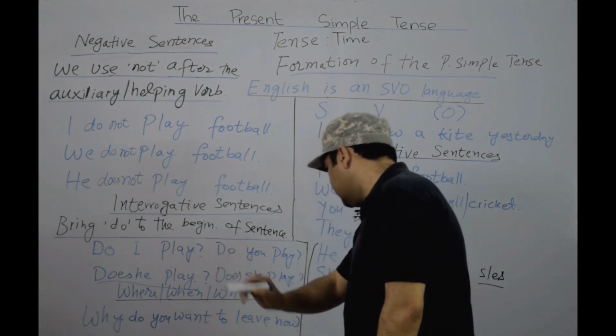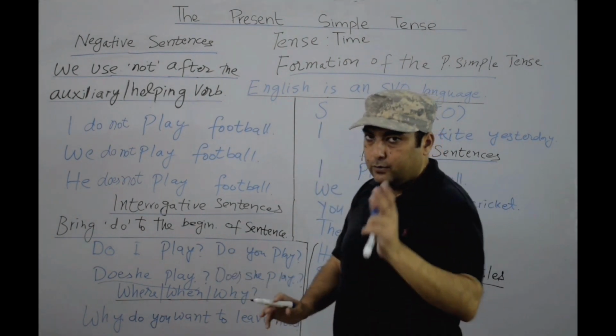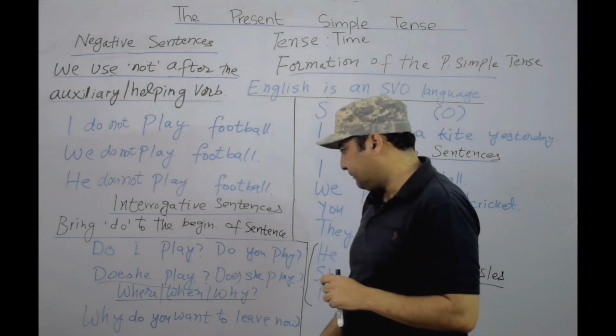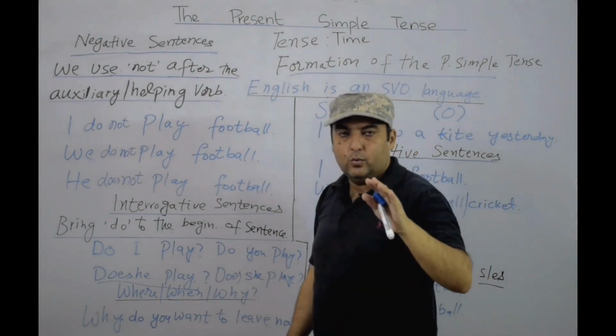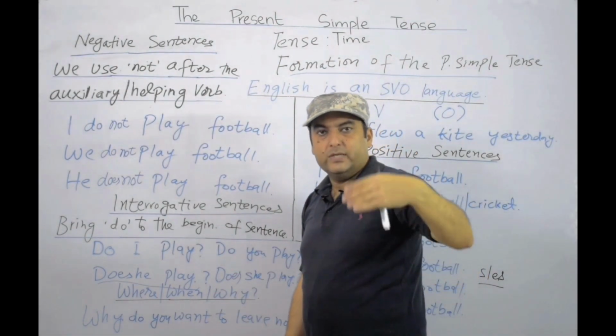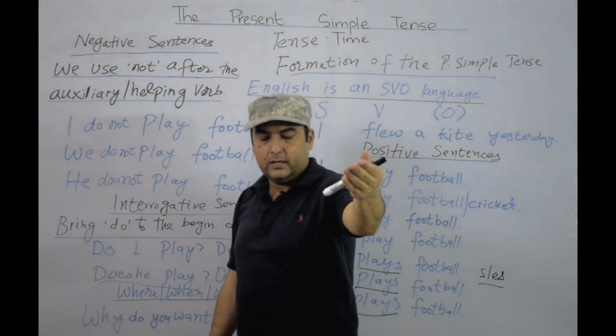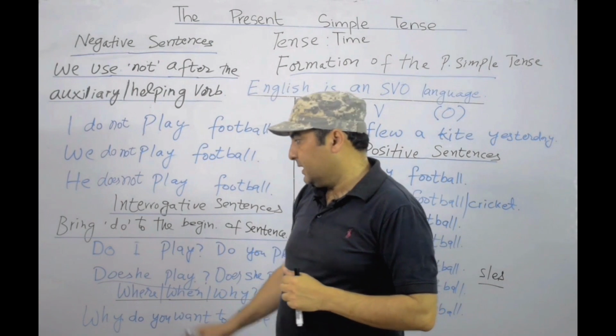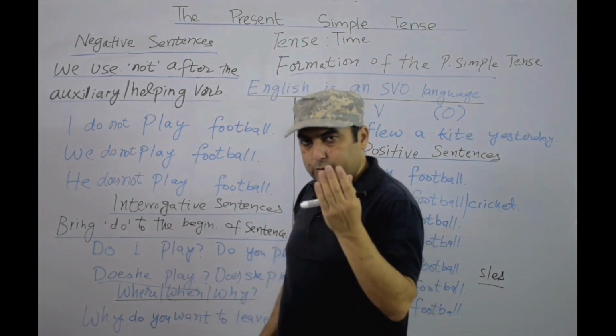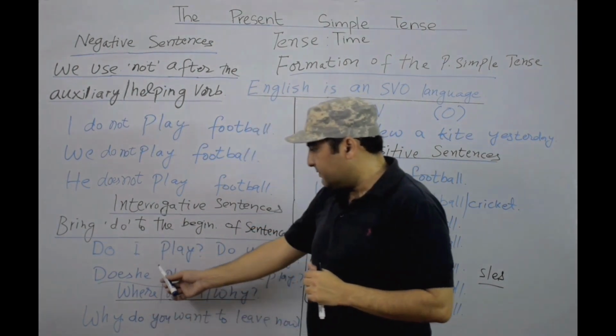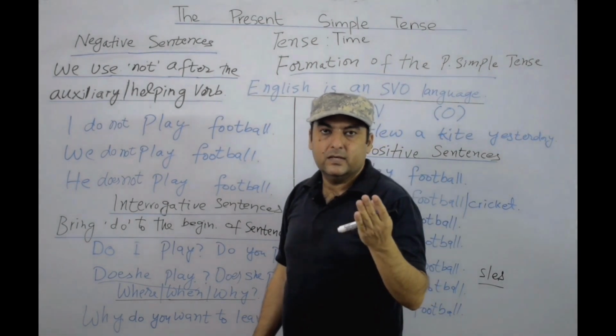Does she play? Now this is the correct sentence. So I, we, you, they, we say do, like do you, do they, do I, for example. So with these subjects we use do. But if the subject is he, she, it, then we say does.